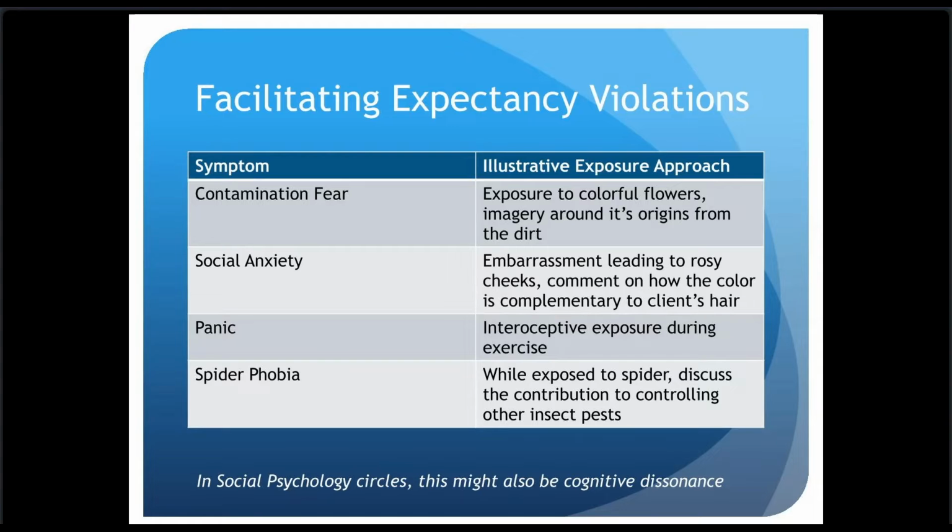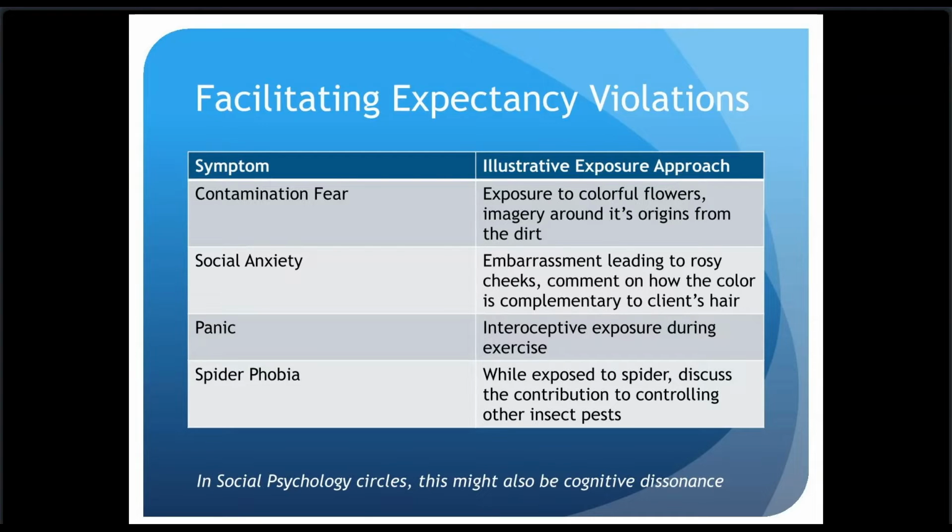And you can have circumstances where you elicit that kind of rosy cheek reaction, but then while doing that, comment on how the rosacea that they have on their face is very complementary to their hair color. It's a bit of an offset. So rather than commenting on, oh, wow, you must be embarrassed, you say, oh, wow, look at that. It's like you have foundation on that's very complementary to your hairstyle.